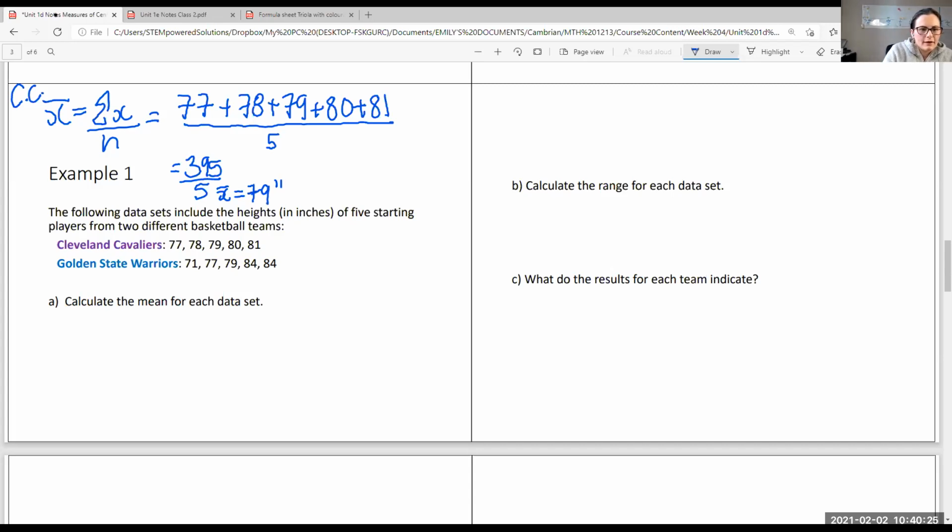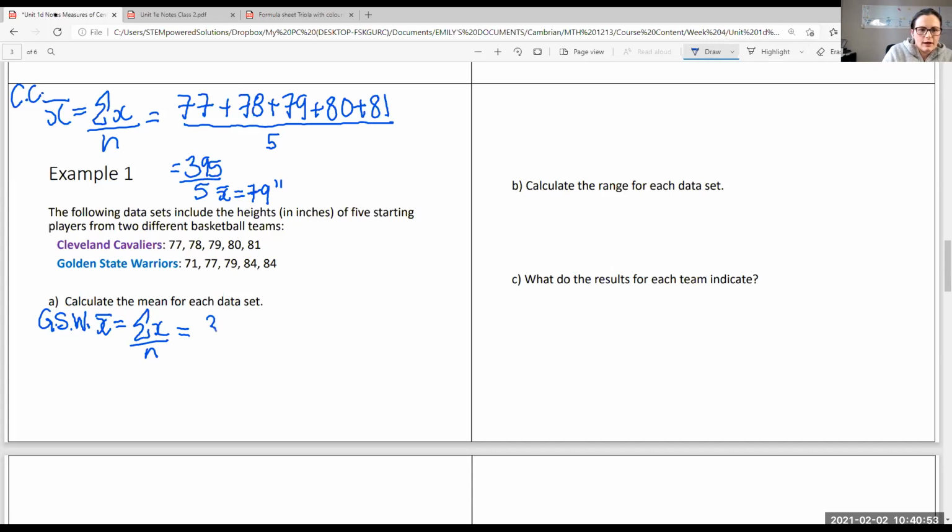Okay. For the Golden State Warriors, the mean for this data set is 71, whoops. Right, so we're going to use the same formula. The mean is equal to the sum of all x's divided by the number of x's. This is equal to 71 plus 77 plus 79 plus 84 plus 84.